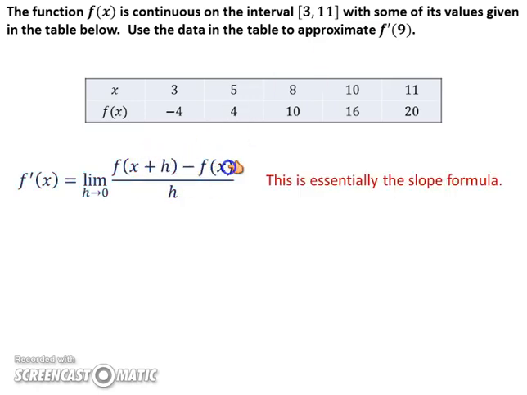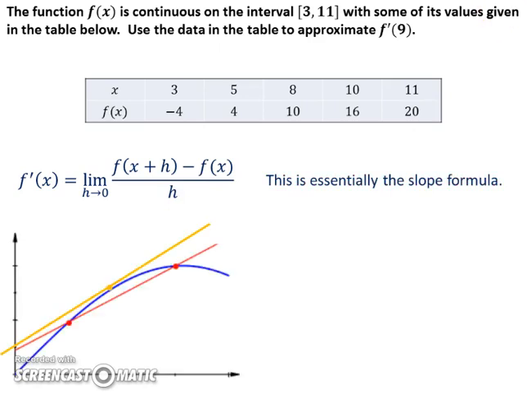This is the change in y over the change in x. And the distance between the x-coordinates is 0. They're literally on top of each other. So instead of it being 2 points that are separated, it's really 2 points that are so close together that the distance between them on the x-axis is nothing. That's really what this is saying.